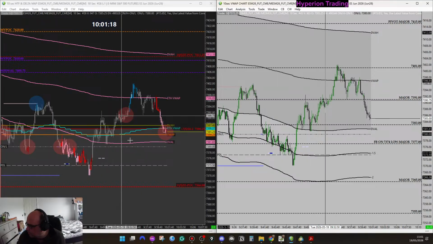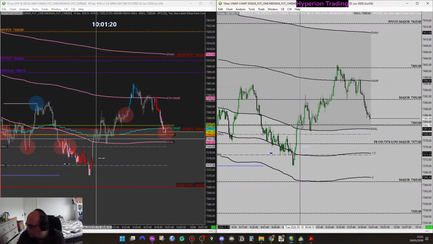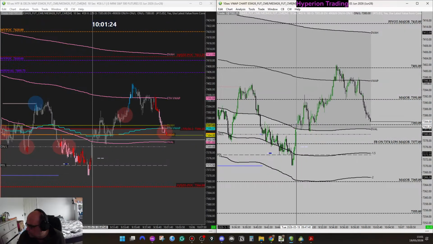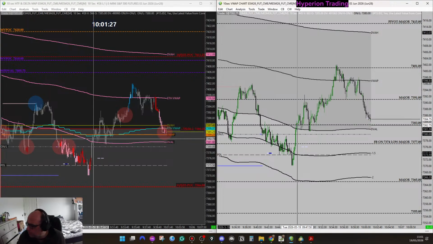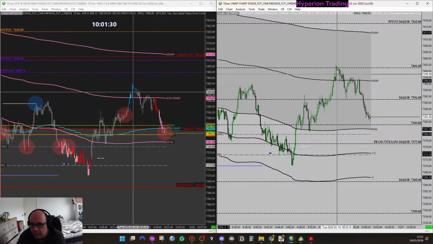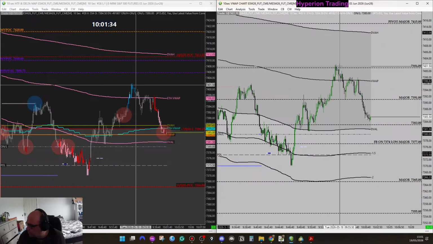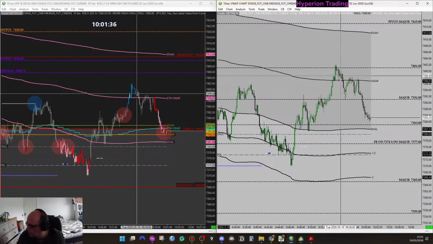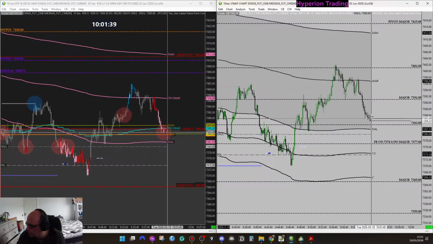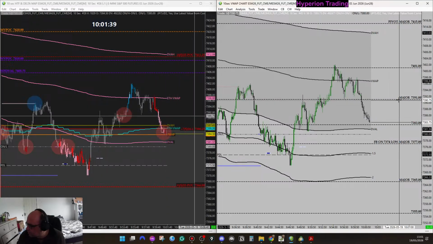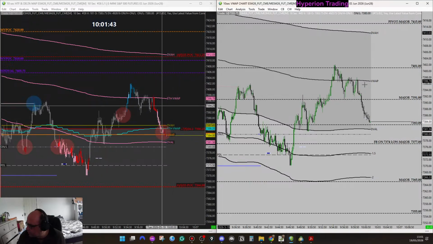Yeah, I entered about here my long at the DVA low, and I got most of my position out at about here, at the DVA low, my VWAP basically, and I left only one small contract running just in case we hit back 73.91 and we go again.